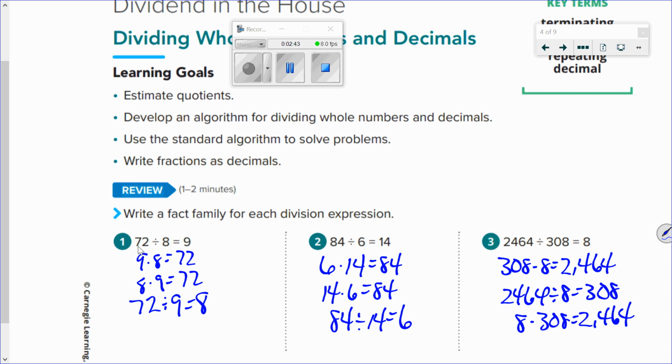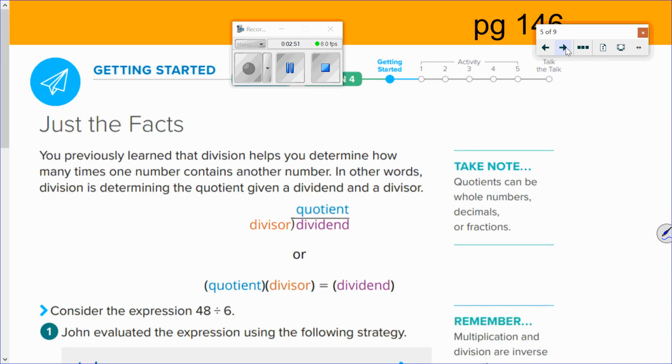Okay, any questions on any of those? Having those fact families together is going to help you a lot for today's lesson.